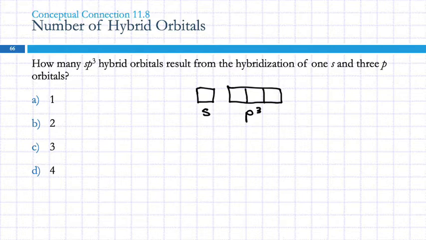So if you think about remodeling this floor in the hotel, we can take walls down, but the beds are not disappearing, right? Here, we started with 4 beds. There was 1 bed in the s room and 3 beds in the p room. We're going to take that wall down between the 2 rooms, make them one big room. Those 4 beds are still there. You have the same number of orbitals. So this is going to give us 4 orbitals.